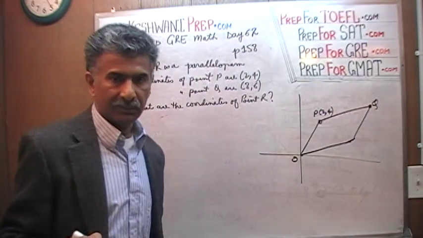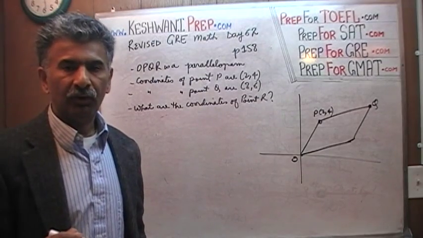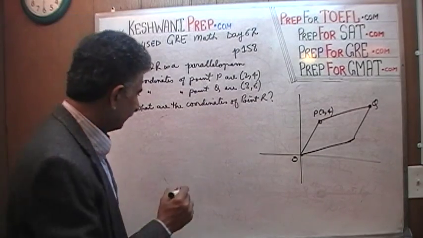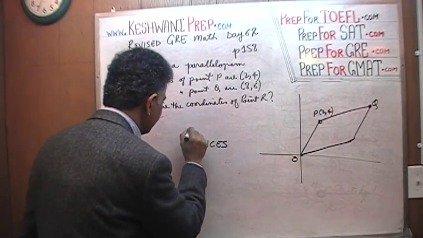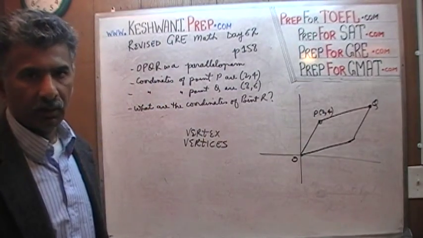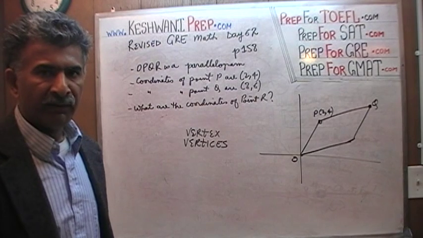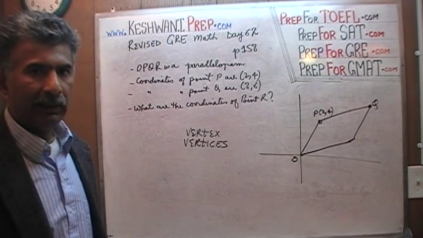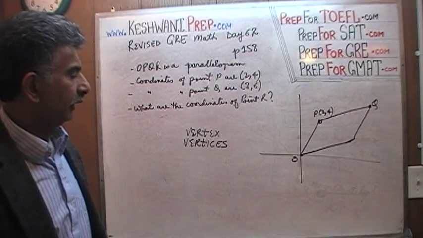That is the convention, the tradition in mathematics, that when you start naming your vertices, which is the plural of vertex, a very fancy way of saying a corner, you have to go either clockwise or anti-clockwise, or counterclockwise as Americans call it.